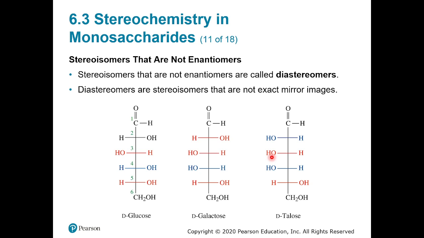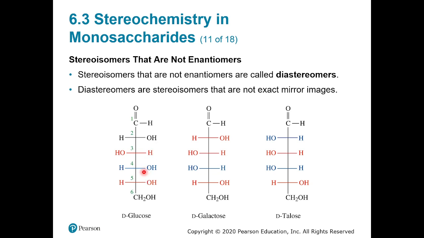Diastereomers do not have all of the groups flipped from each other, so they are no longer mirror images, but they are also no longer the same stereoisomer. They will no longer have the same configuration. They will have different positioning, so three-dimensionally they are different.